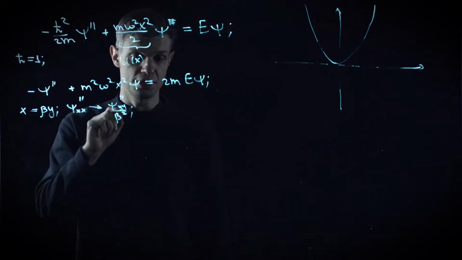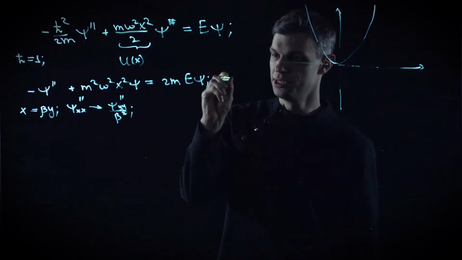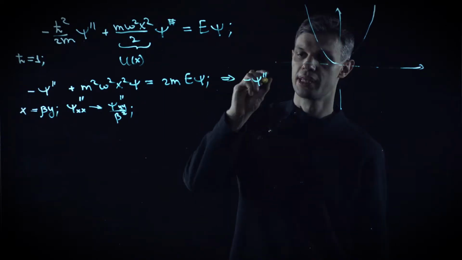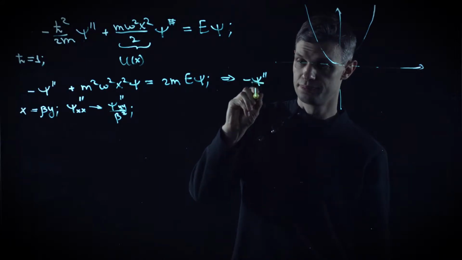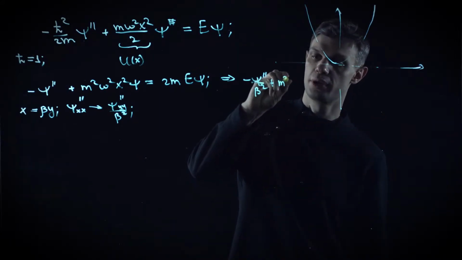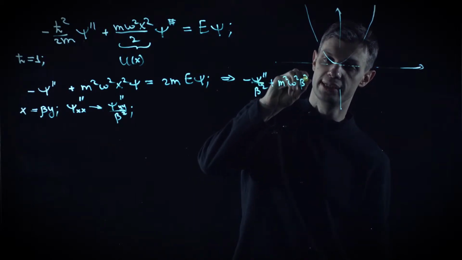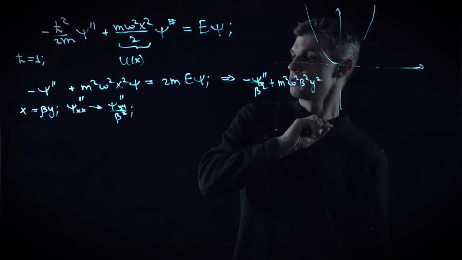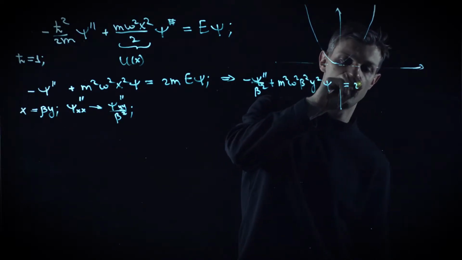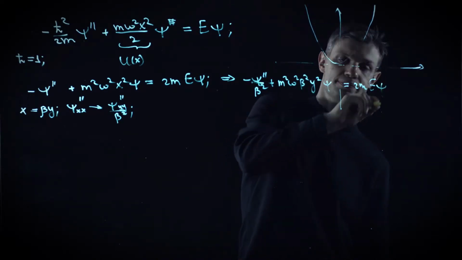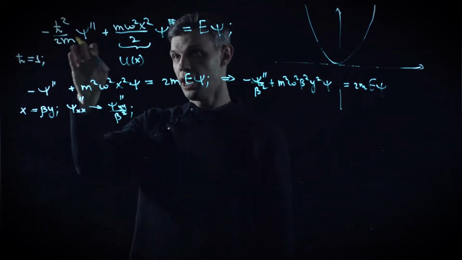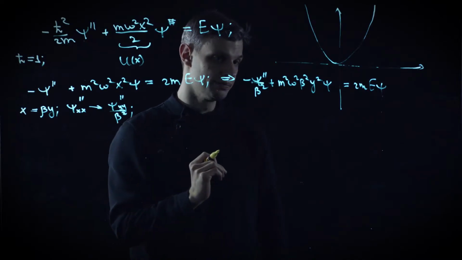Now our equation becomes, okay, let's write it down here: minus psi double prime divided by beta squared plus m squared omega squared beta squared y squared psi equals 2mE psi. So E is our energy, obviously. Sorry, I forgot to mention it. And m is the mass of our particle.